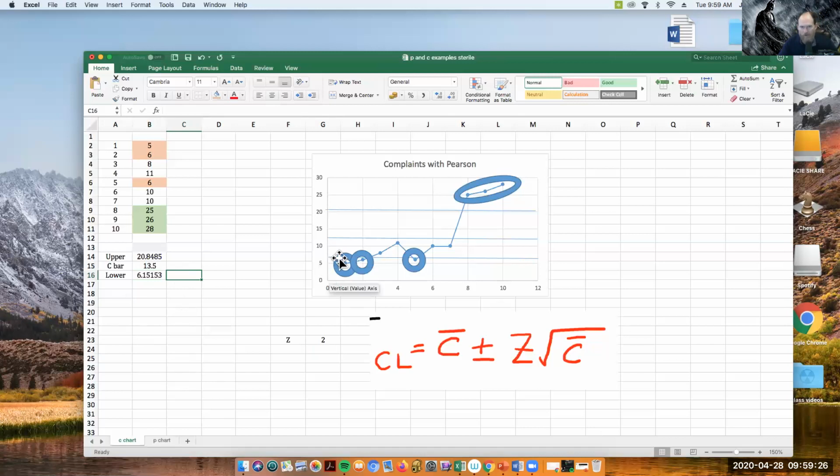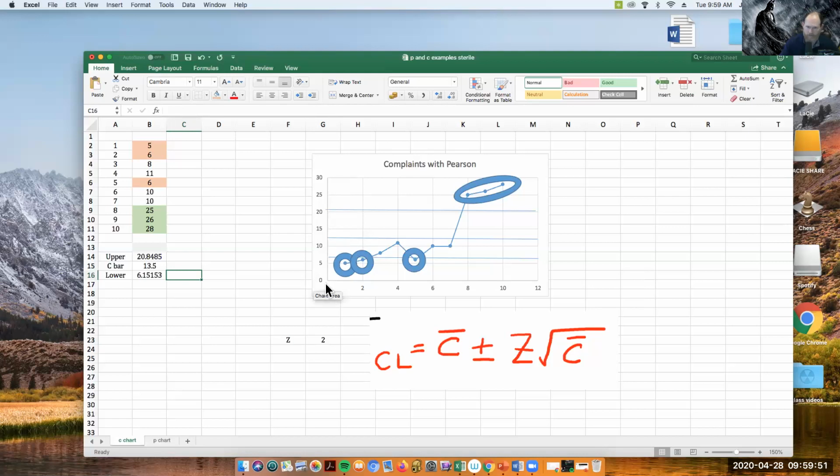And on your chart, I would just put that control limit on the x-axis, assuming that you haven't truncated the Y axis, like we did before when we adjusted this Y axis. If we've adjusted that Y axis, we've got to adjust it back because our control limit starts at 0.